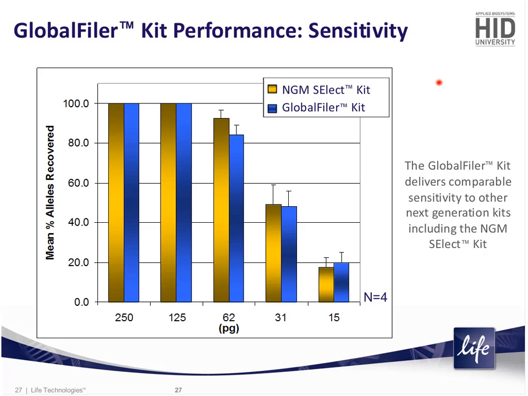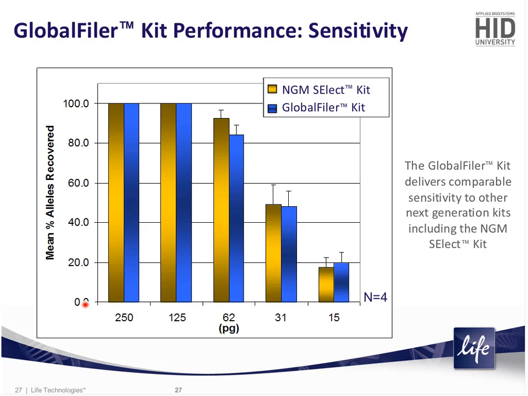So for the GlobalFiler kits, to make sure that laboratories can take advantage of the developments they made in their ability to handle these more complex types of samples, but not make the interpretation any more difficult than it needs to be, we've actually maintained the level of sensitivity of the GlobalFiler kits with our next generation systems such as Identifiler Plus and the NGM Select kit.